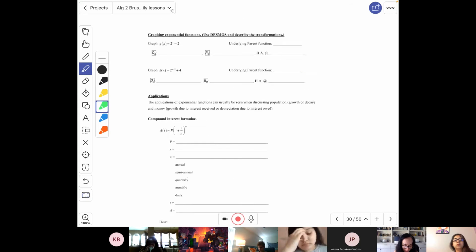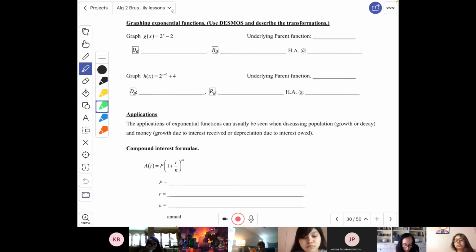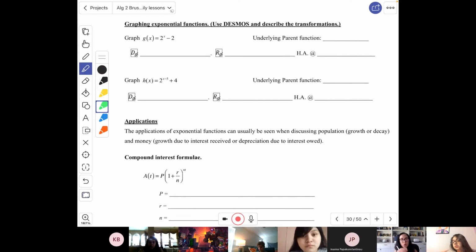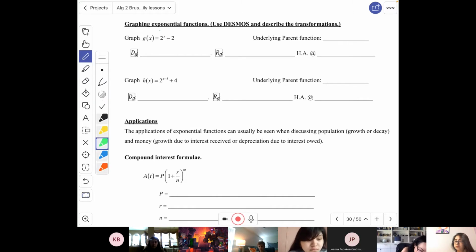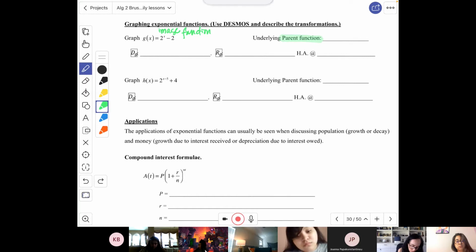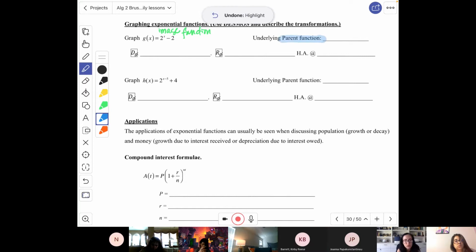Now, looking at these two equations, after what we've talked about with respect to transformations, these are equations of image functions, meaning I've applied one or more transformations. Can you look at this equation and immediately tell me the underlying parent function?